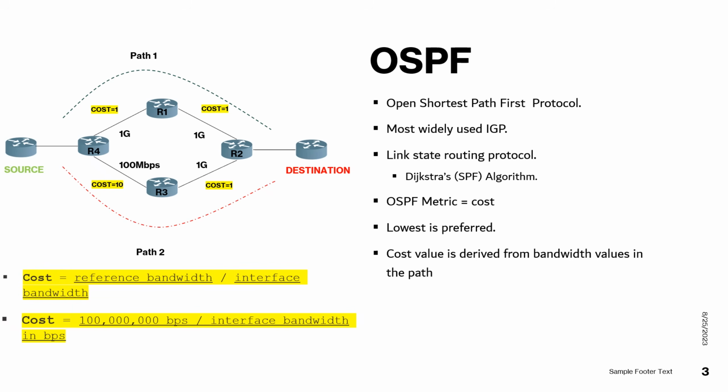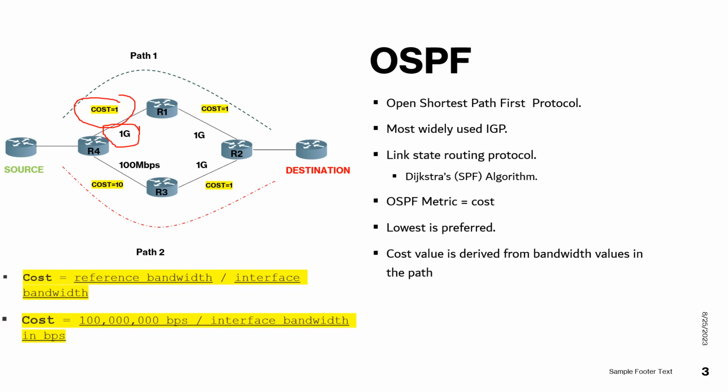That is 10^8 bps divided by the interface bandwidth in bps. For example, if you see over here, I have cost 1 for a 1G link. We got these values from this formula.